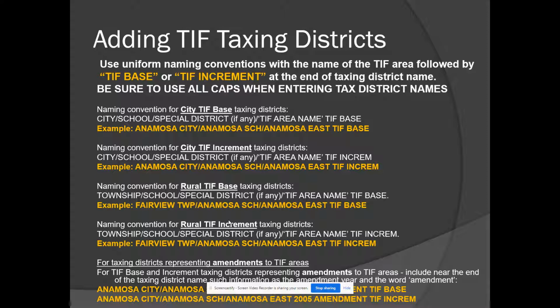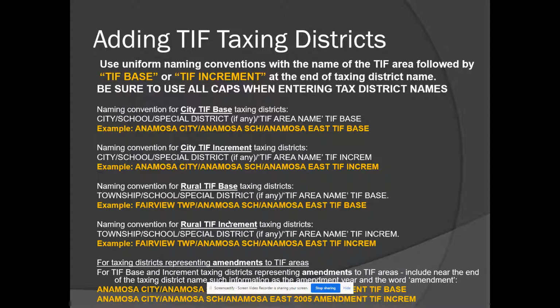We do ask that you use uniform naming conventions with the name of the TIF area followed by TIF base or TIF increment at the end of the taxing district names. And this is just to create some uniformity when looking at taxing district lists. It helps create some better understanding when looking at those to know exactly which is the base, which is the increment, and like I said, uniformity.